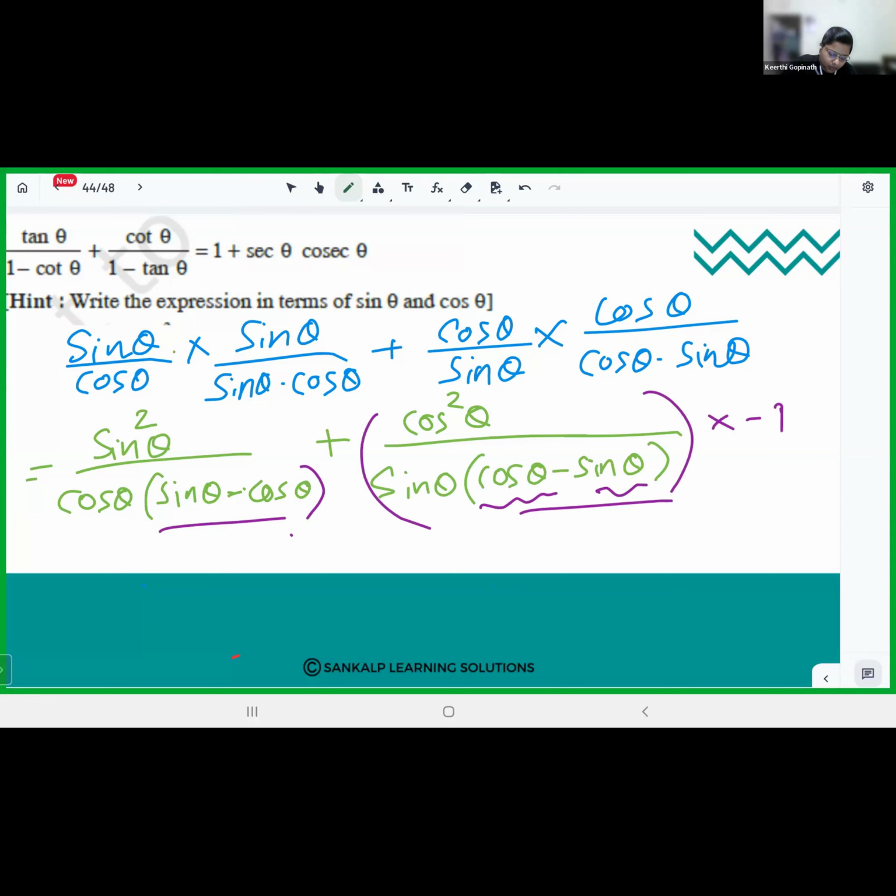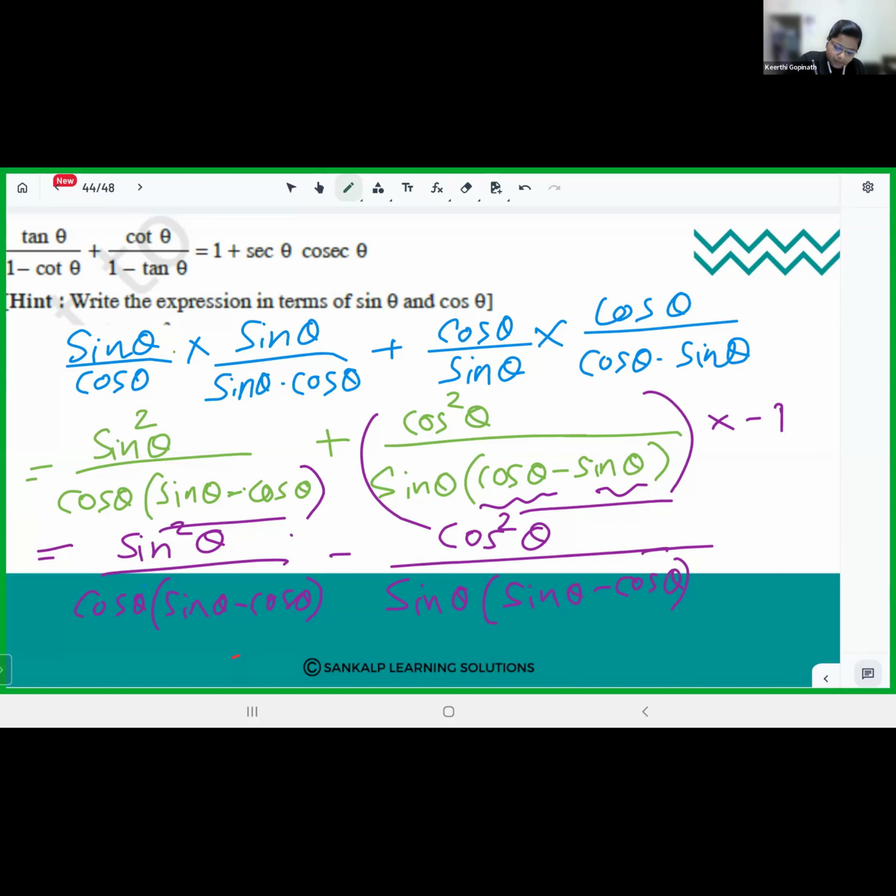So that is equal to sin square theta by cos theta into sin theta minus cos theta, minus cos square theta divided by sin theta into sin theta minus cos theta. Why did I multiply it with the minus? In order to take that sin theta minus cos theta outside. So cos theta minus sin theta became sin theta minus cos theta. Is that clear to you?